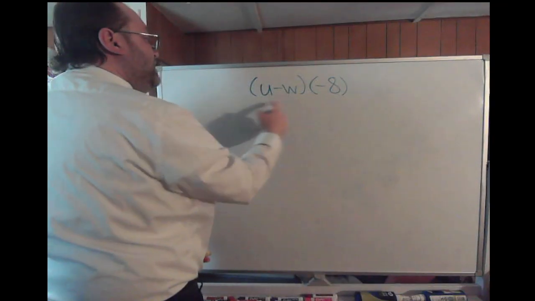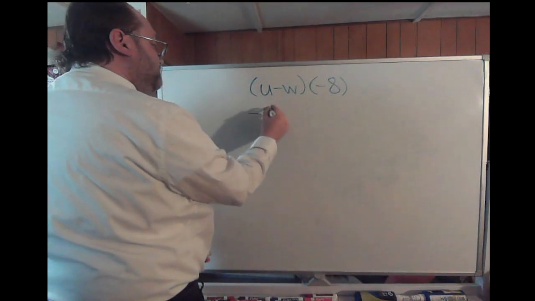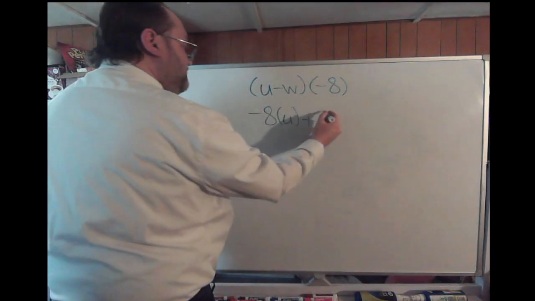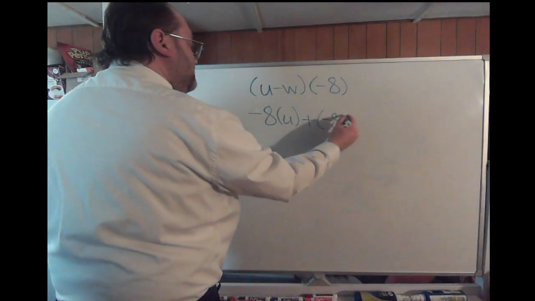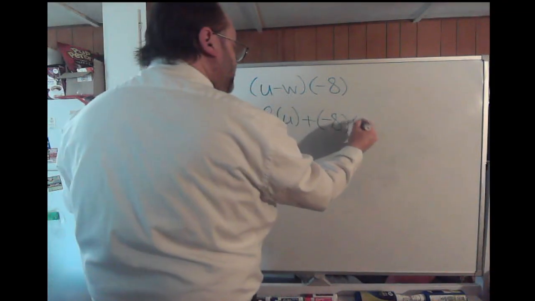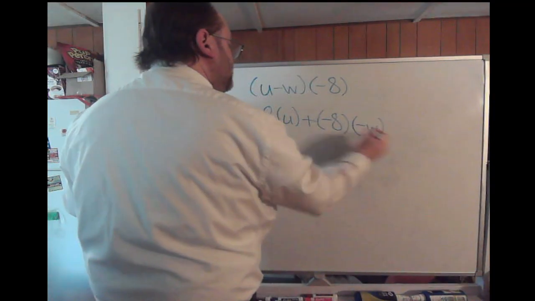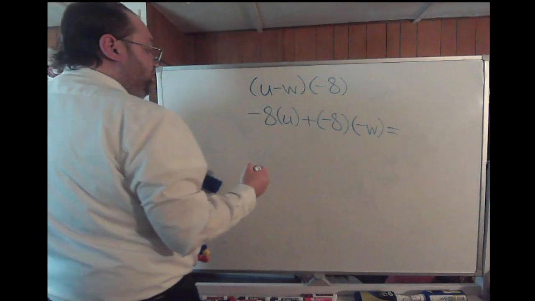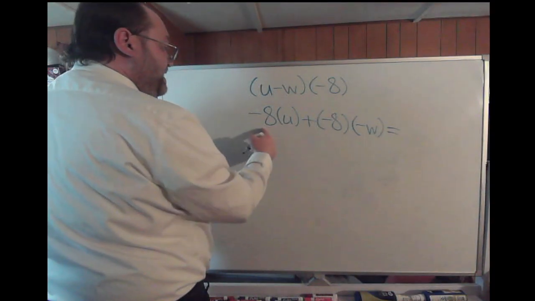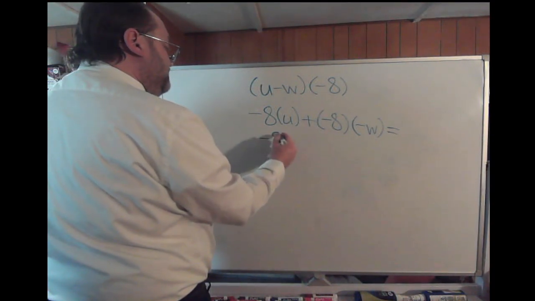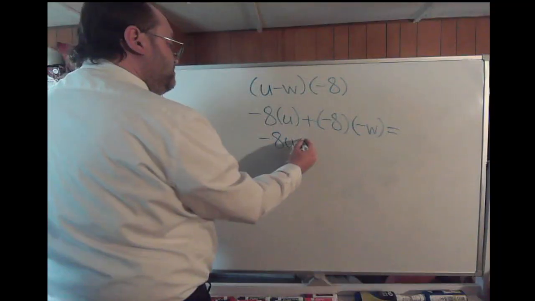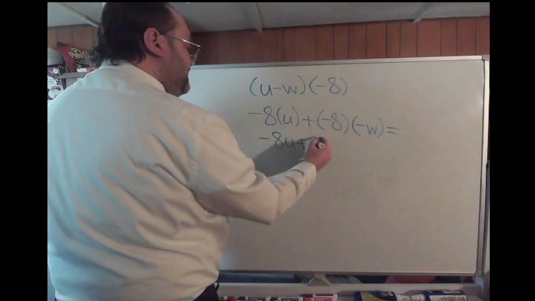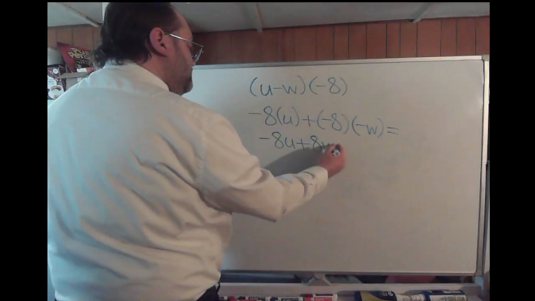First, you're going to take your negative 8, multiply it by u, plus you'll take your negative 8, you'll multiply it by negative w, because that's plus a negative w in there. So now you just start simplifying. Negative 8 times u is negative 8u, plus you'll have negative 8 times negative w, that'd be positive 8w.